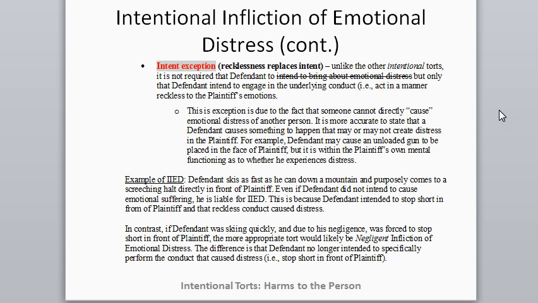So here's the intent exception when it comes to intentional infliction of emotional distress. Recklessness replaces intent. Unlike the other intentional torts, the defendant does not have to intend to bring about an emotional reaction.